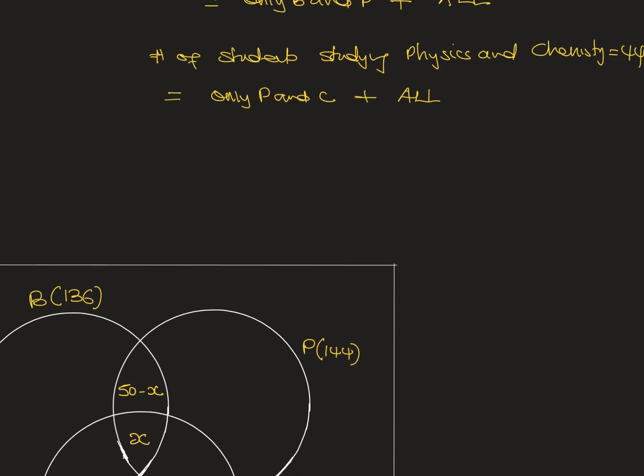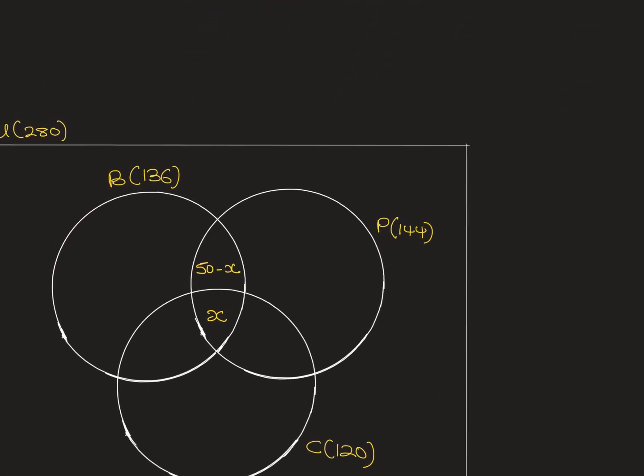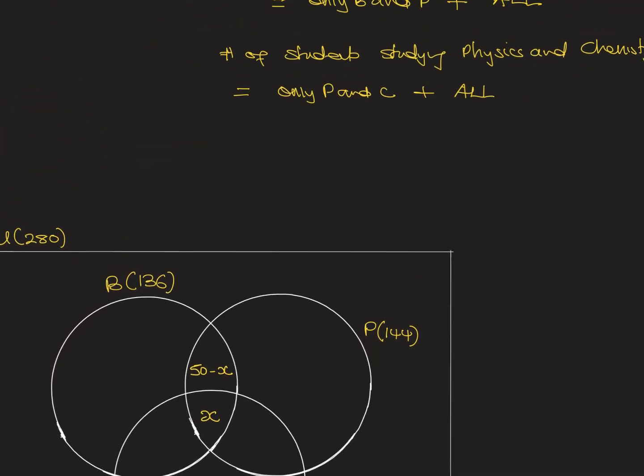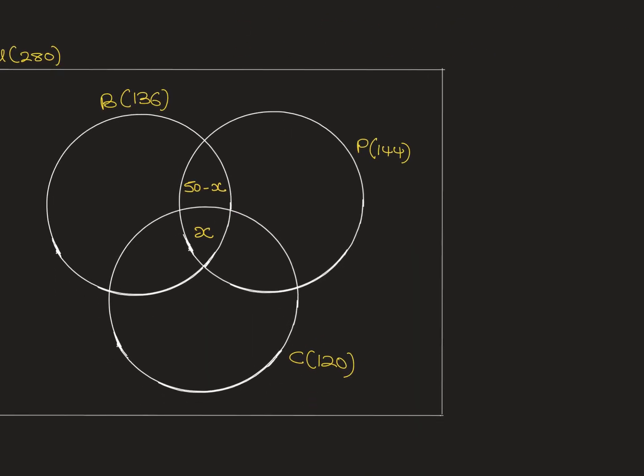If we do the same thing, to find physics and chemistry only, that is this space, we will have 44 minus X. Because remember, 44 minus X plus X will be equal to 44.